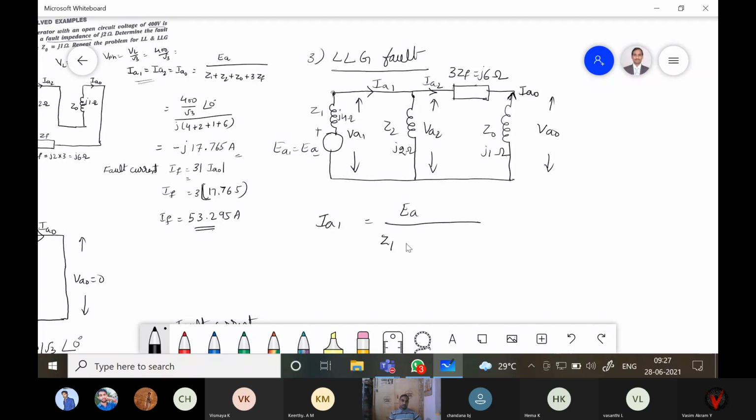Z1 is in series with the parallel combination of Z2 and Z0 with 3ZF. 3ZF and Z0 are in series, so 3ZF plus Z0 is in parallel with Z2.